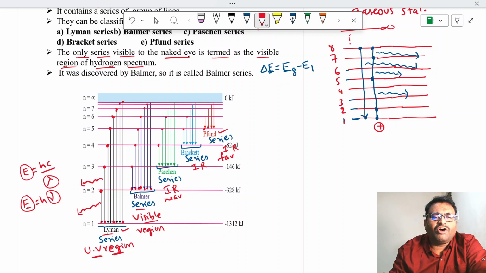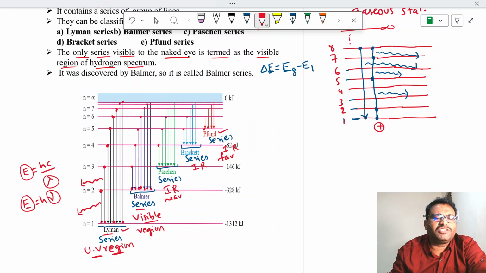So considering all the possible de-excitations in the hydrogen atom, that means in the hydrogen gas there are several hydrogen atoms, and all those atoms are considered, we find 5 types of series.